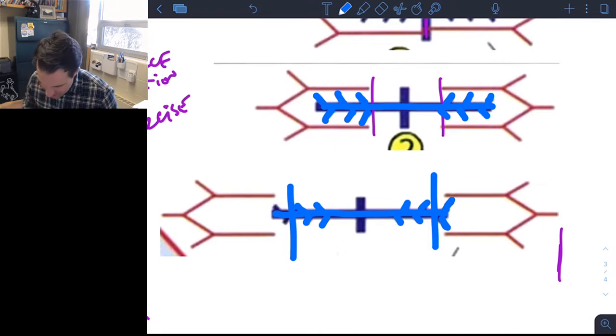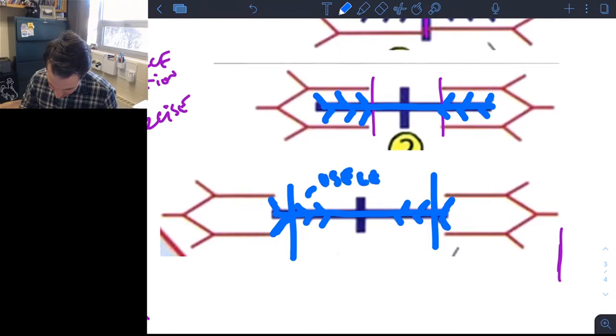These guys on the end maybe just might be barely hanging on, and they can produce a little bit of force going in that direction. But these ones are useless. So too much stretch means that our actin and myosin cannot interact the same way they normally would.